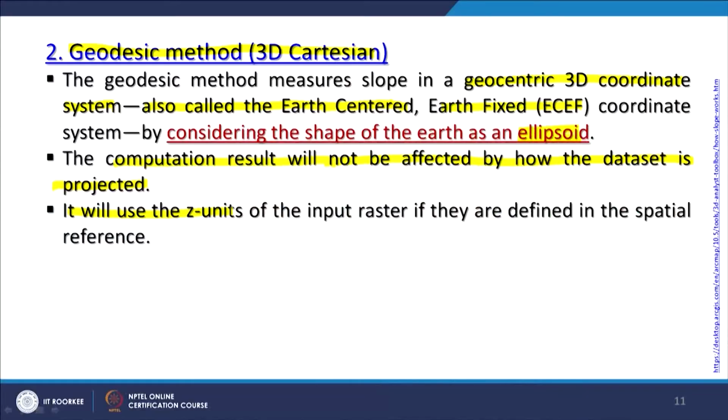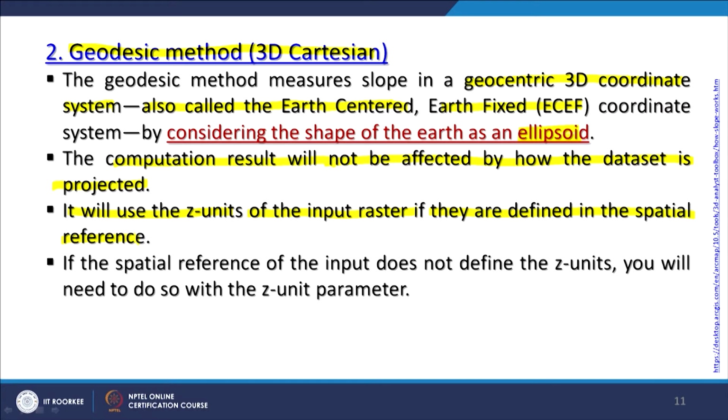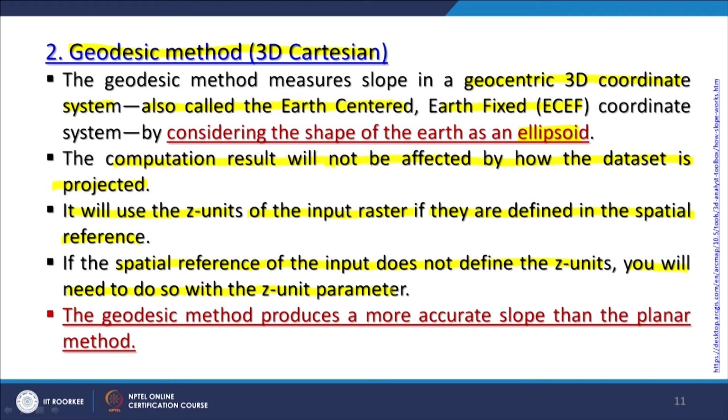It will use the Z units of the input raster, that is the cell values, if they are defined by the spatial reference. That means they are georeferenced, and generally they are. If the spatial reference of the input does not define the Z units, one has to provide that Z unit parameter. So the geodesic method will produce a more accurate slope than the planar method.